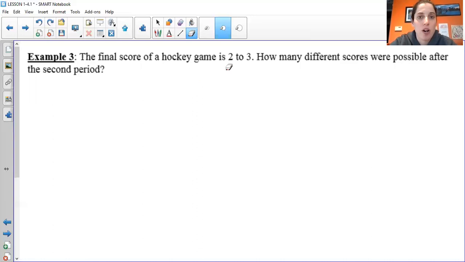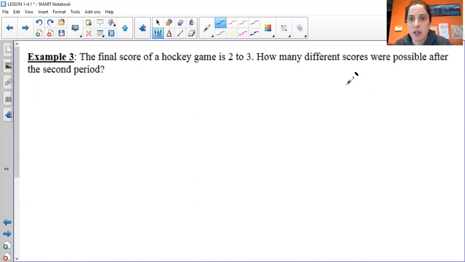The final score was 2-3, so the first team got 2 points, the second team got 3 points.